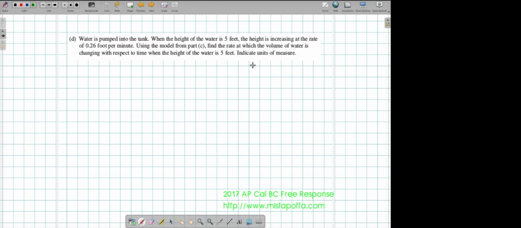So what we're looking for here is the change in volume with respect to time. And because of the chain rule, that's going to be the change in volume with respect to height times the change in height with respect to time. Now I know this change in height is this 0.26 foot per minute.